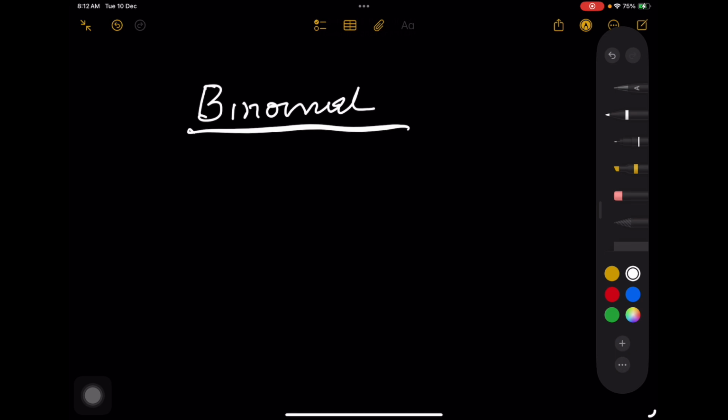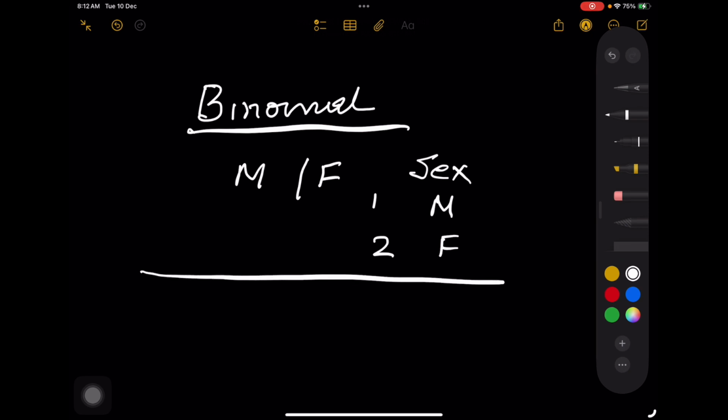Binomial data is that the variable has only two values, like male or female, and one value excludes the other. For example, if there is male, there will not be female. So let us say here is sex, you can either write male here or you can write female here. All right. So this is binomial data.